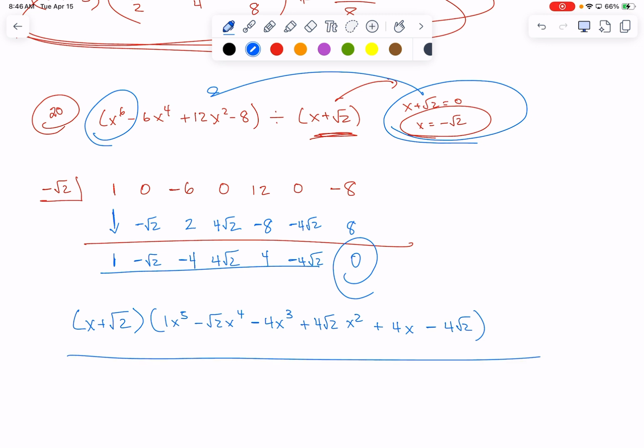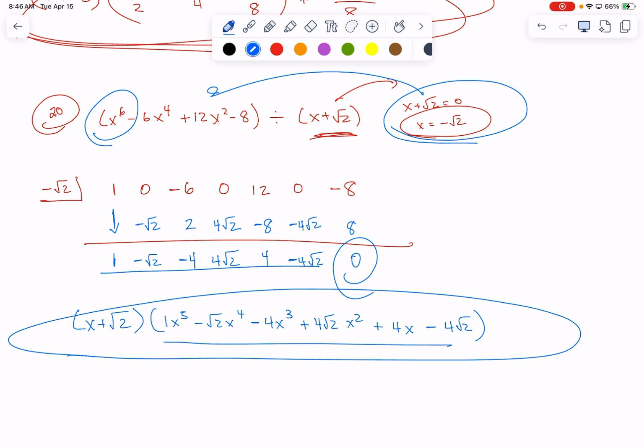Do you have to put the remainder? It divided evenly. Yay. Actually not yay, because didn't we learn yesterday that if it divided evenly, we would have to divide this further, which we're going to do today.